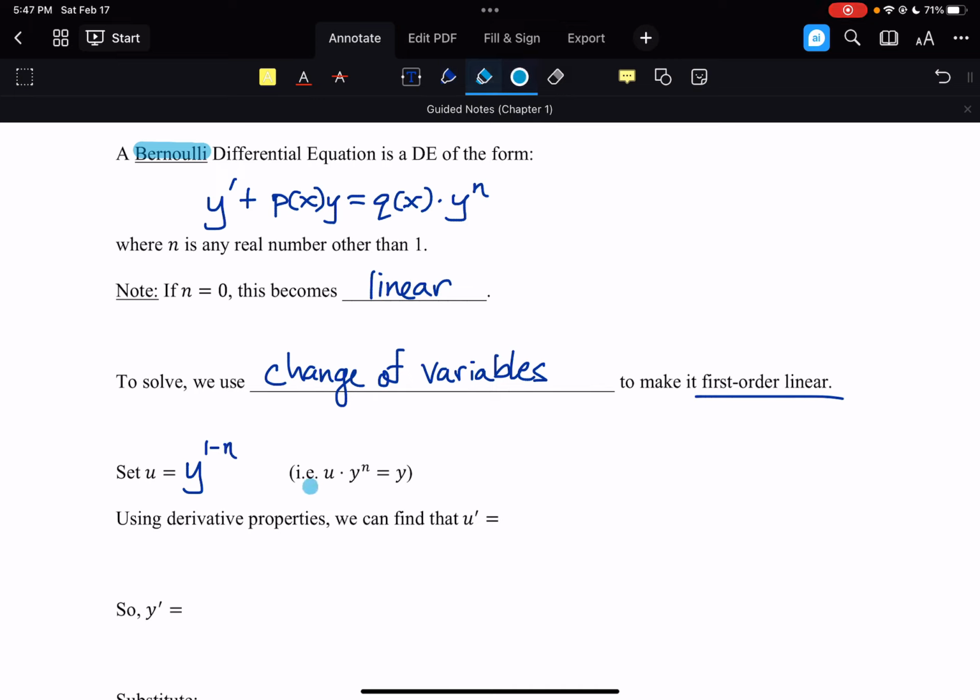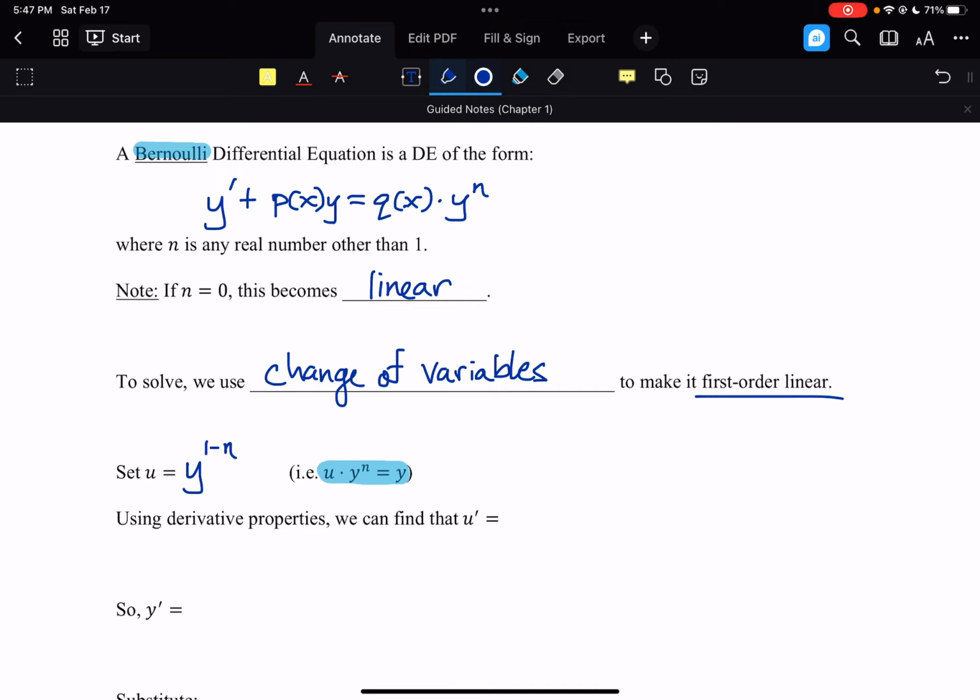So another way of writing that is u times y to the n equals y. So these are equivalent statements. Using derivative properties, we can apply the power rule to take the derivative of this.